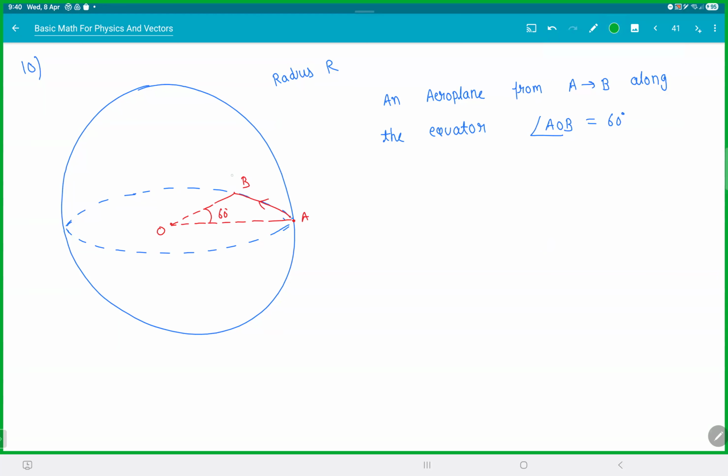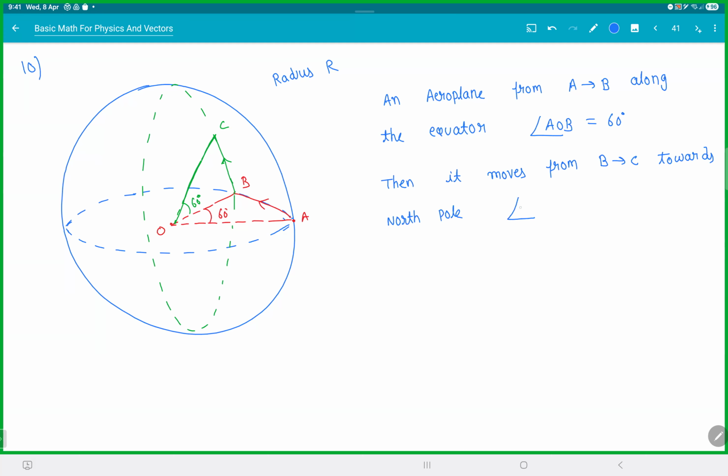Then it goes towards the North Pole, from B to C, another 60 degrees. Angle BOC is also 60 degrees.